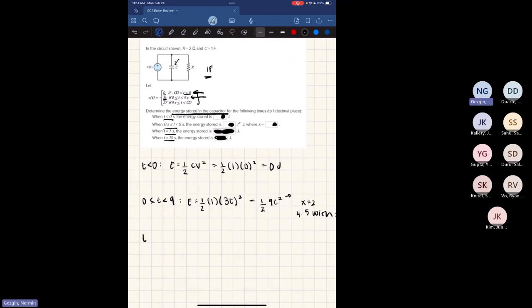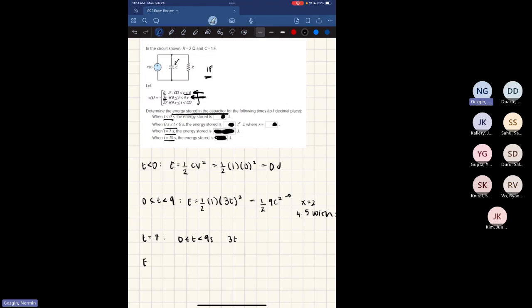Now we're given an actual value instead of a range. So we're given that t is equal to 7 seconds. So we look at where t equals 7 seconds falls, and that's in the range that we just used, from 0 to 9 seconds. Here again, we're going to use 3t, but this time we actually have a value for t that we can plug in.